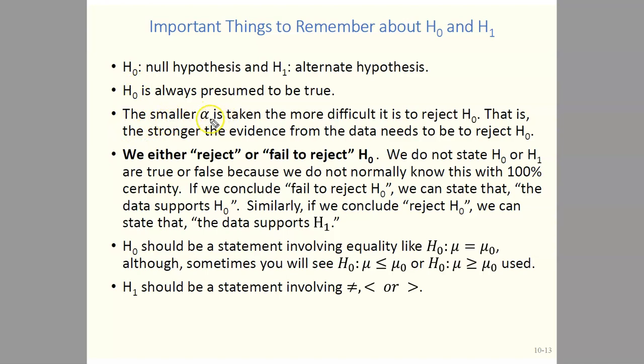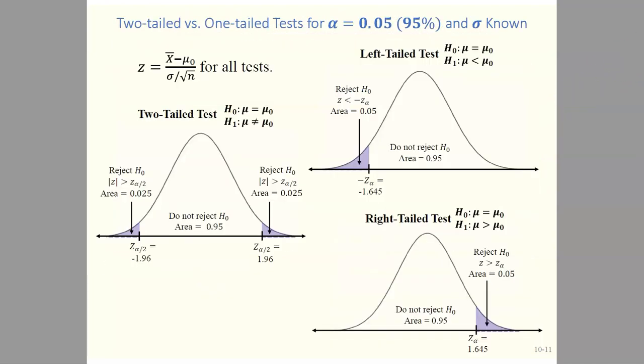Also keep in mind that the smaller your significance level alpha is taken, the more difficult it is to reject the null hypothesis. So in other words, the stronger the evidence from the data needs to be in order to reject H0. And you can see that if you look back at this graphic. You see right here we have our graphic for the two-tailed hypothesis test.